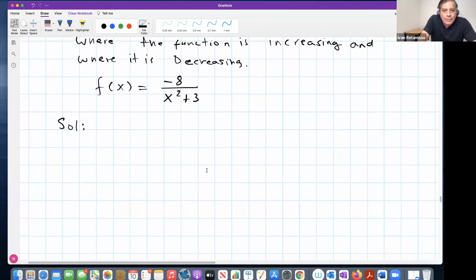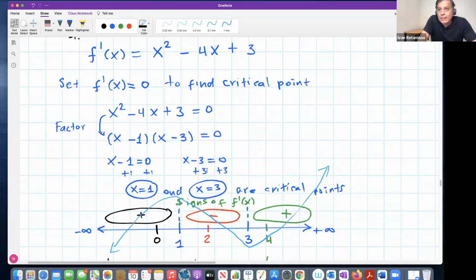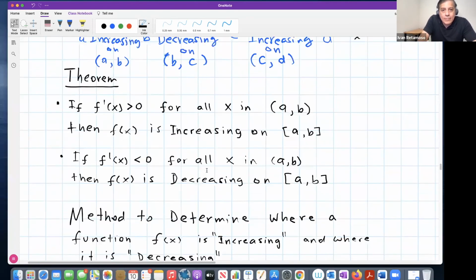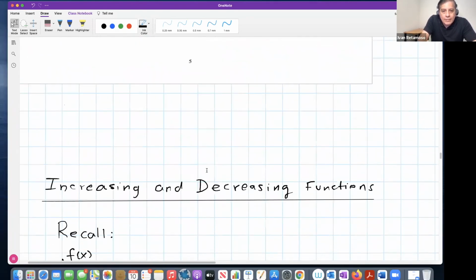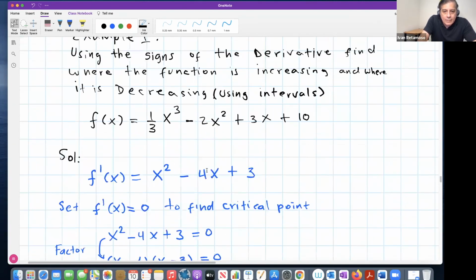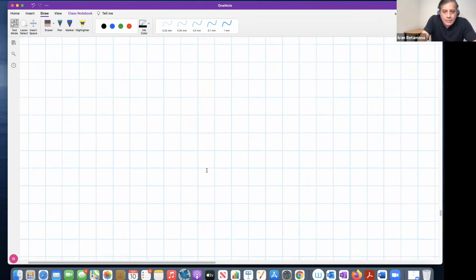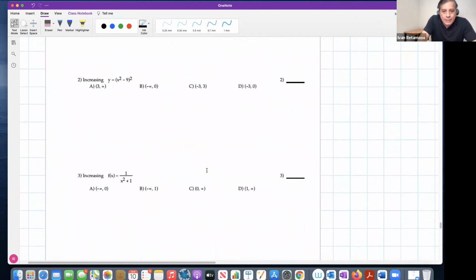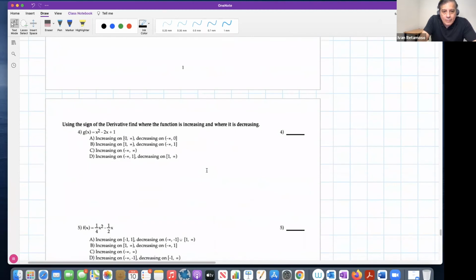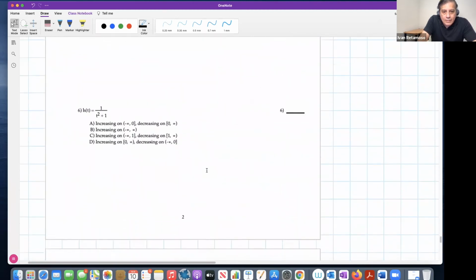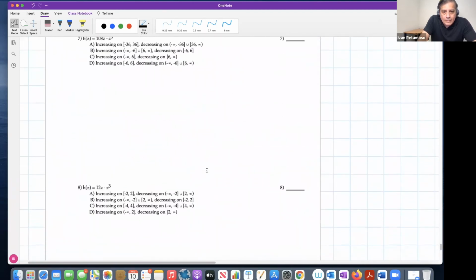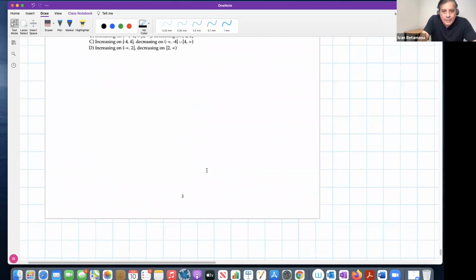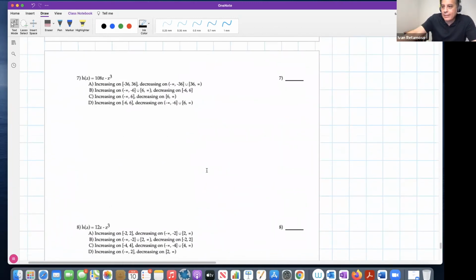Example 2 is a little bit more complicated, so let me make you practice first on a polynomial function. Where are the worksheets? This quadratic is easy. Probably we should choose a cubic one. Can you try number 7?